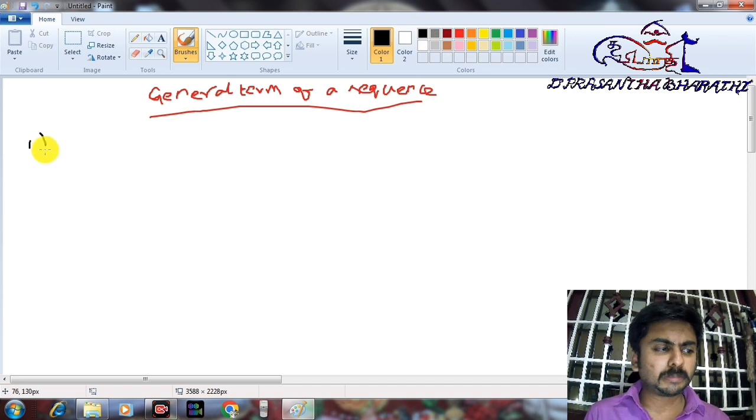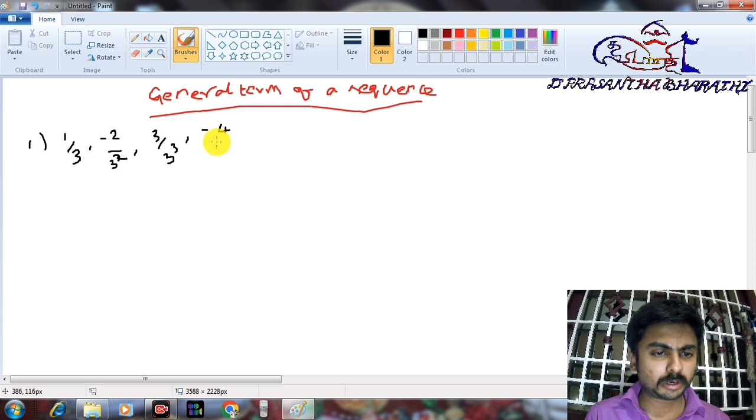The problem number 1 is 1 divided by 3, comma, minus 2 divided by 3 square, comma, 3 divided by 3 cube, comma, minus 4 divided by 3 power 4.